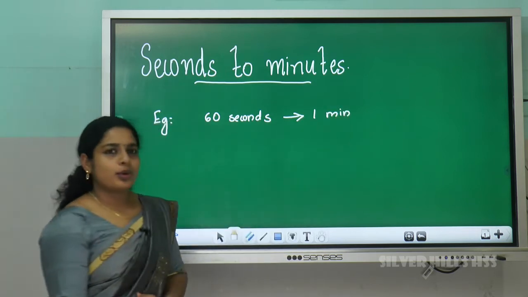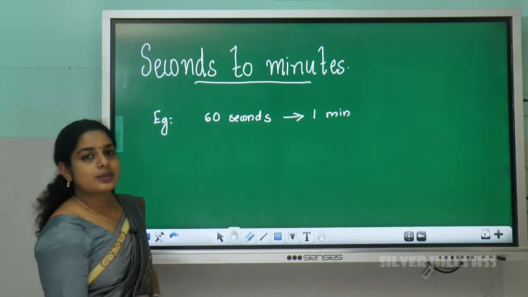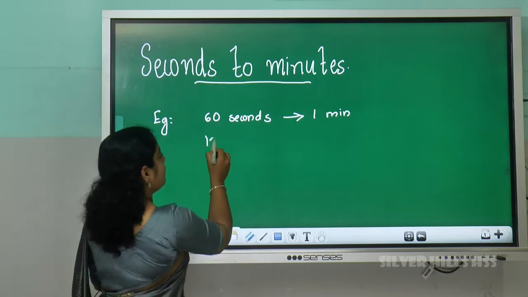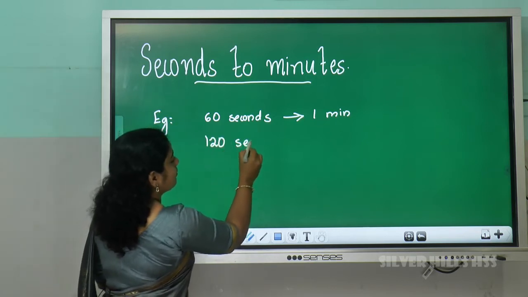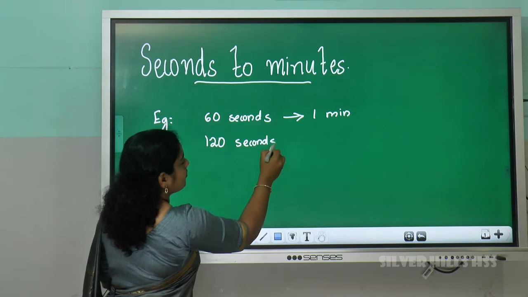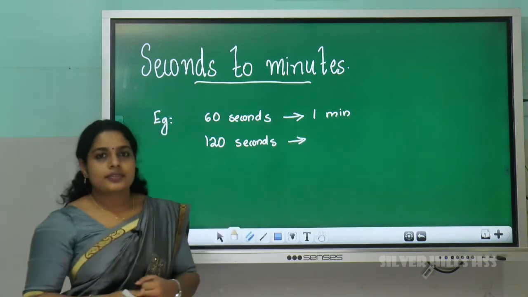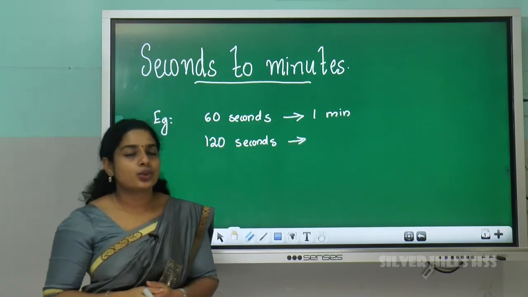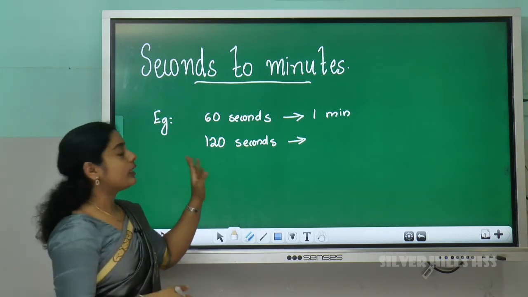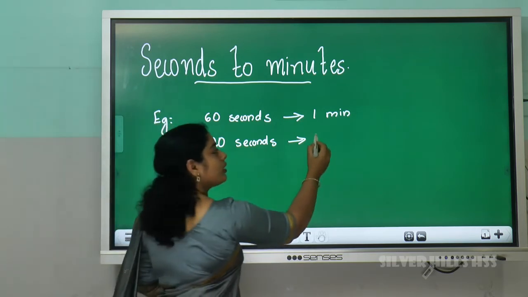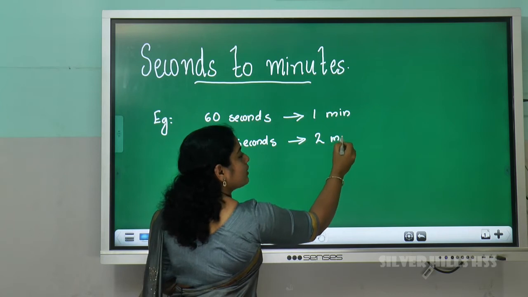Now, I am going to take the next multiple of 60, that is 120. If it is 120 seconds, from the table of 60, we have 60 into 2 is 120. That means 120 seconds will be equal to 2 minutes.